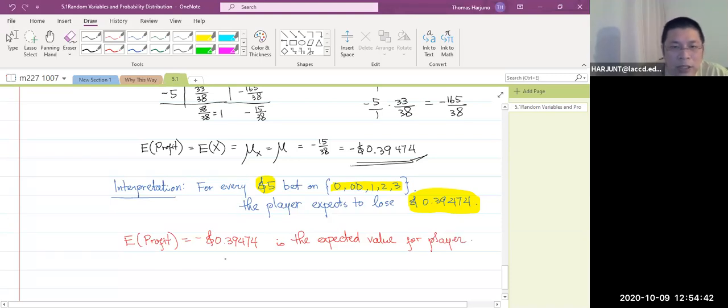Then this will be the opposite, which is positive 0.39474, the expected value for the casino.